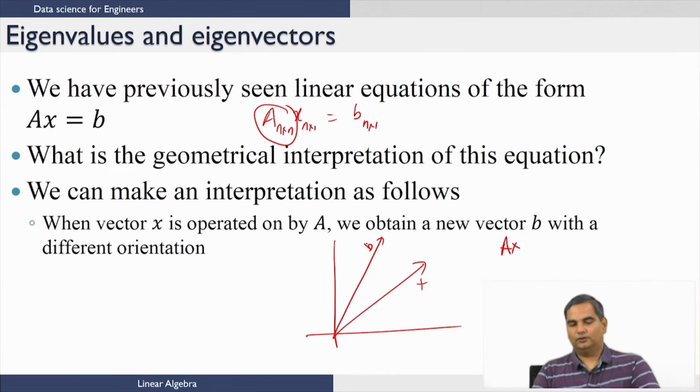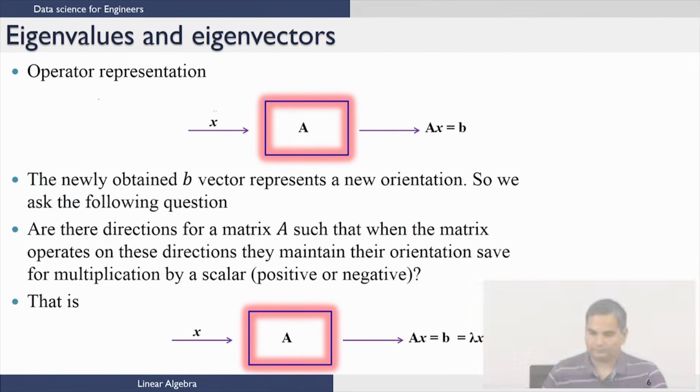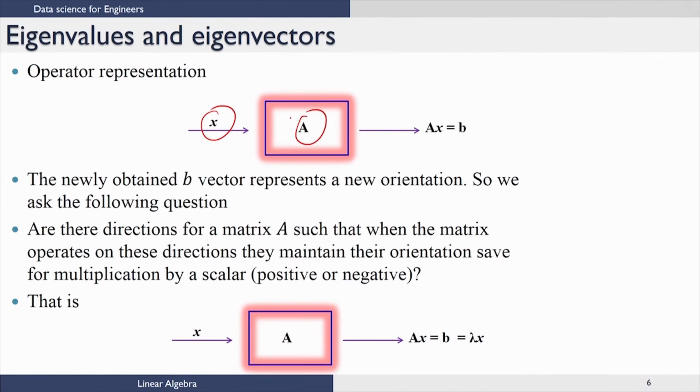So, you can think about this as an equation which tells me that when I operate A on x, I get a new vector b, which is in a different direction from x. This is a very simple interpretation of the equation Ax equal to b. I send x through A, and I define sending it through A as pre-multiplying by A. So, A times x equal to b.